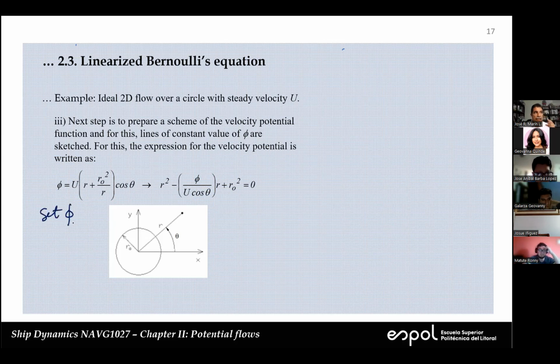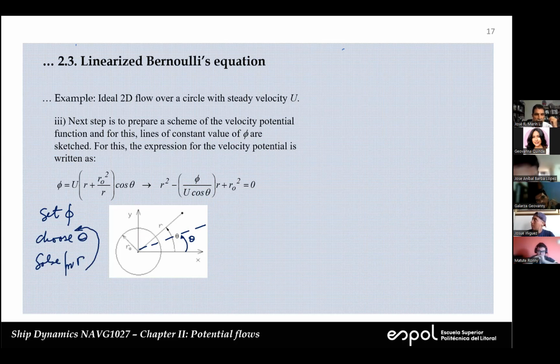I'm going to draw a curve on which phi has this value. Then I choose theta, and for that theta I solve this equation for R. And then repeat the process.